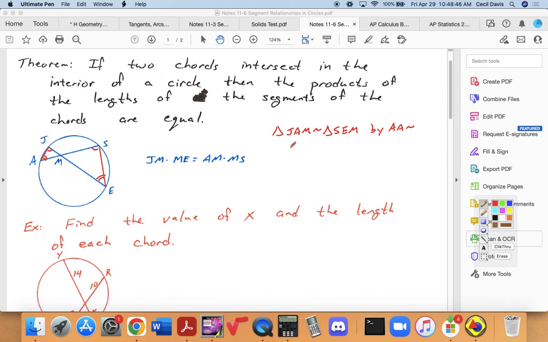So that means that JA is to SE as AM is to EM as JM is to SM. When triangles are similar, the corresponding sides are proportional.